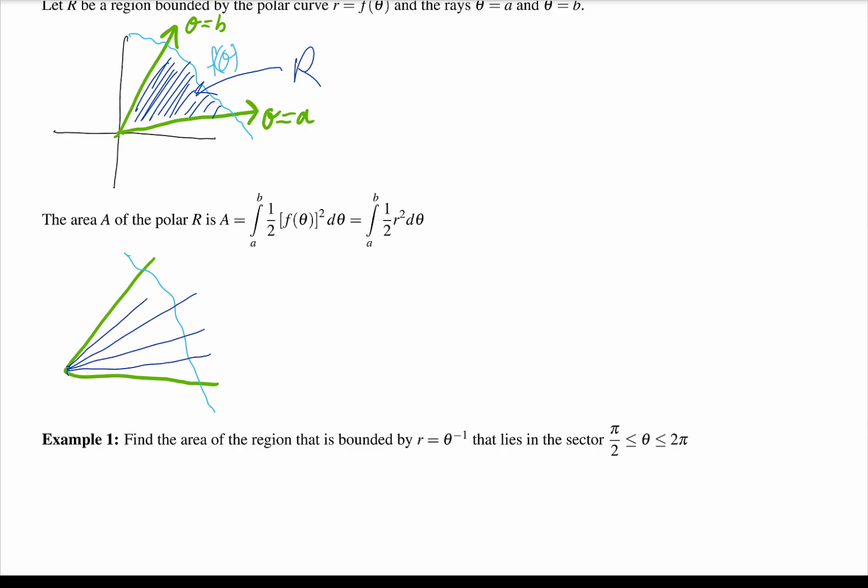If I take slices like this, then the idea would be to start calculating these as the area of a sector. Once we start taking infinitely many slices, then we will get this formula for our area, which is going to be the integral from theta equals a to theta equals b of 1/2 r squared d theta.